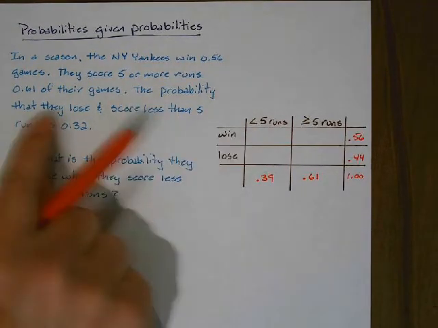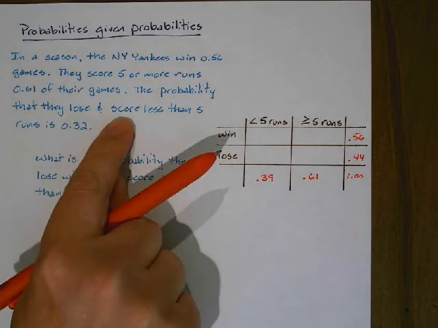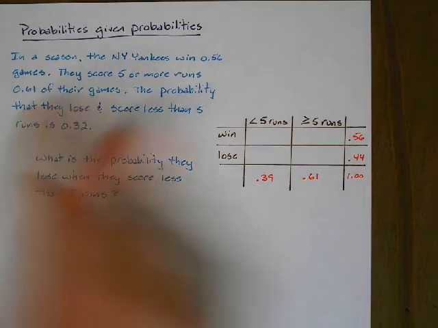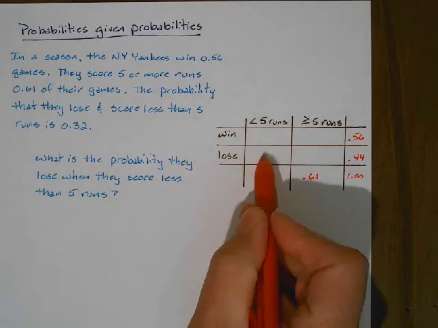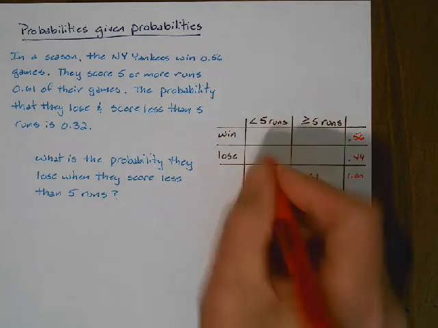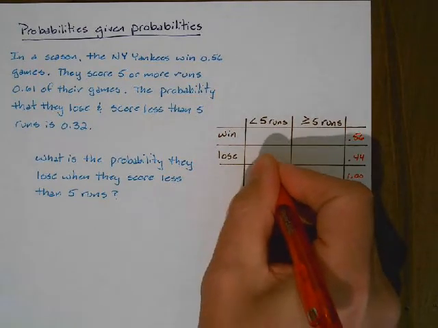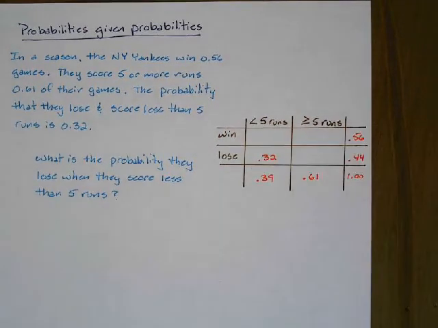Now here it also says that the probability that they lose and score less than 5 runs, so lose and less than 5 runs right here, is 0.32. Okay, that means we can fill out the rest of it.